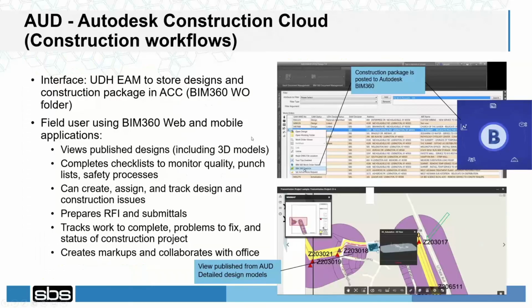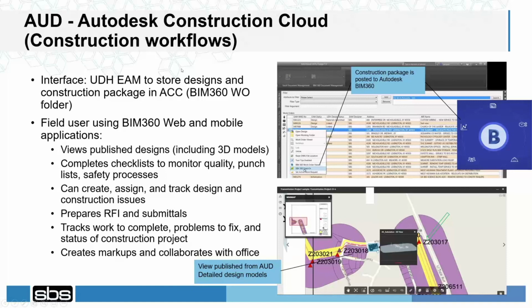And also you can leverage the BIM 360 viewers and integration, as I mentioned, with the construction package and designs to be posted to BIM 360. And there are quite a few ways to visualize specific designs in the context of geography. So that's supported by BIM 360.